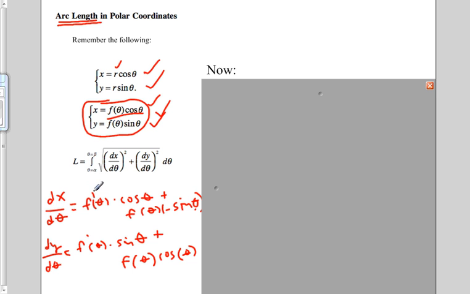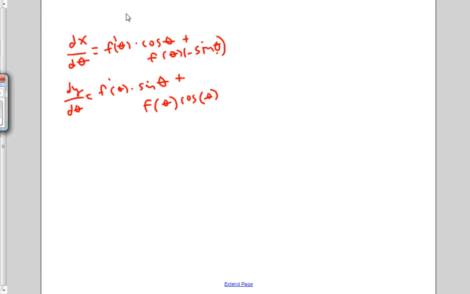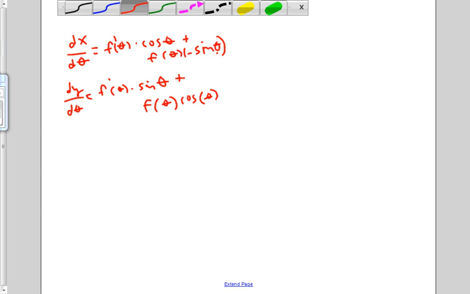And when we square them, let's actually do this work on another page. So hold on one second. So now we're going to simplify those. So we're going to get dx d theta squared.